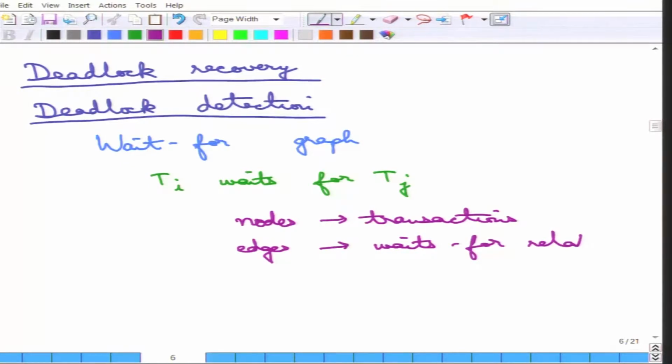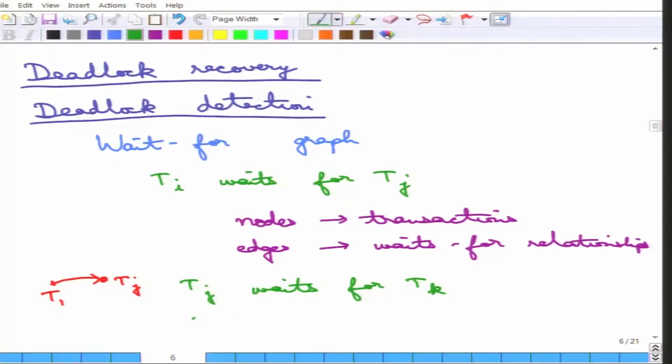So when Ti waits for Tj, there will be a node Ti with a directed edge to a node Tj. Now in a deadlock, Ti waits for Tj, then Tj waits for Tk, then Tk waits for something else, and finally that something else waits for Ti. That is why it is a deadlock.